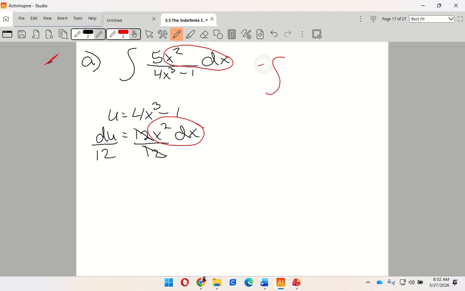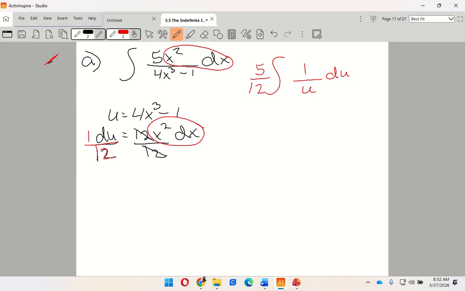So in the integral, I got my 5 over 12, because this is my 1 over 12 here, and that's out front. Now the 5 is gone, the x squared is gone, the dx is gone, and what's left on top? 1. What's on bottom? u. And then I have du.